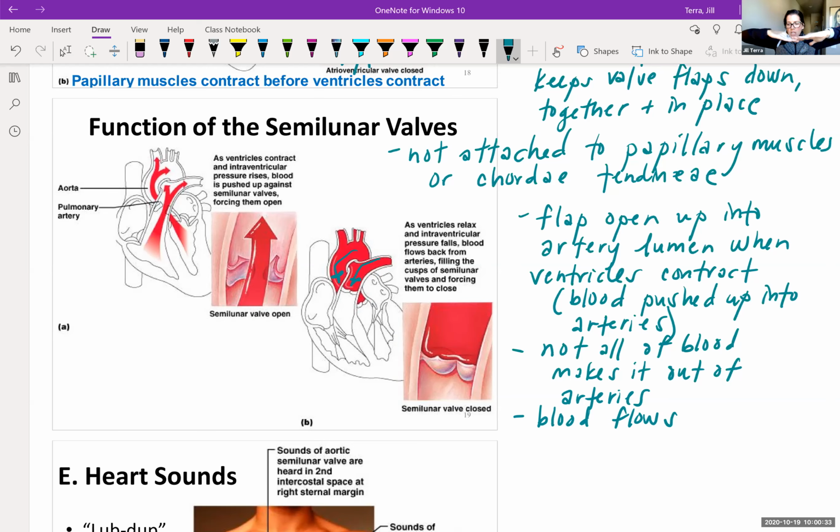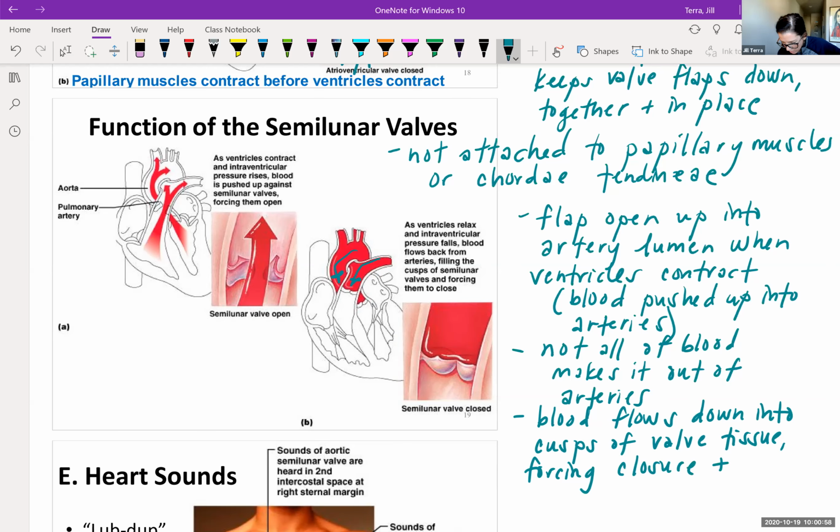Their overlap is what creates the block, so that blood cannot flow back down into the heart. Okay, so it prevents backflow into the heart.